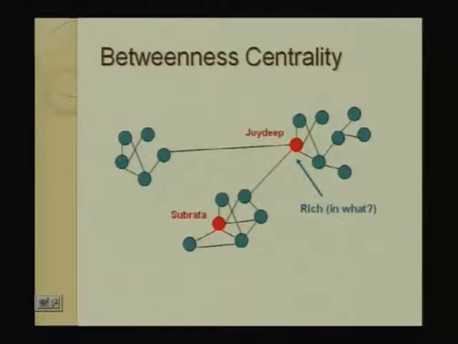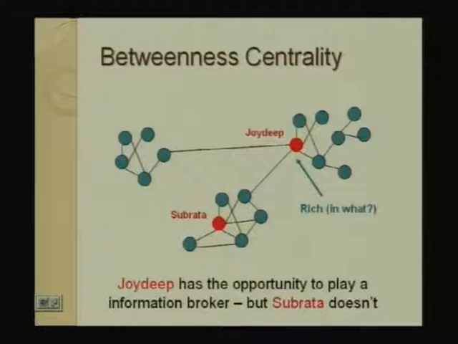So, that is how he can become rich. You can also look at it from a slightly different perspective, that Joydeep has information from all the 3 networks and he is now the controller of the information. Suppose he gets some information from this community, it is up to him whether he gives it to another community or not, and he can negotiate, unless you pay me, I will not give you the information.